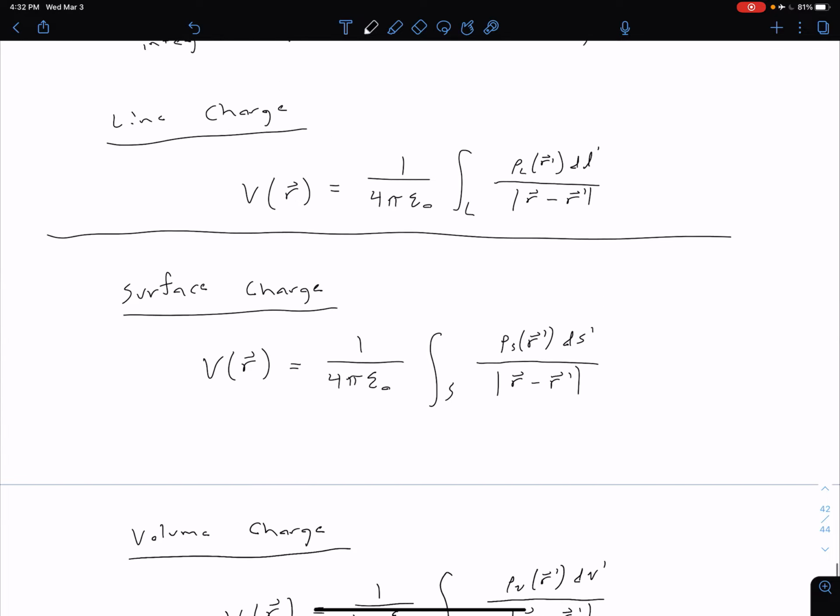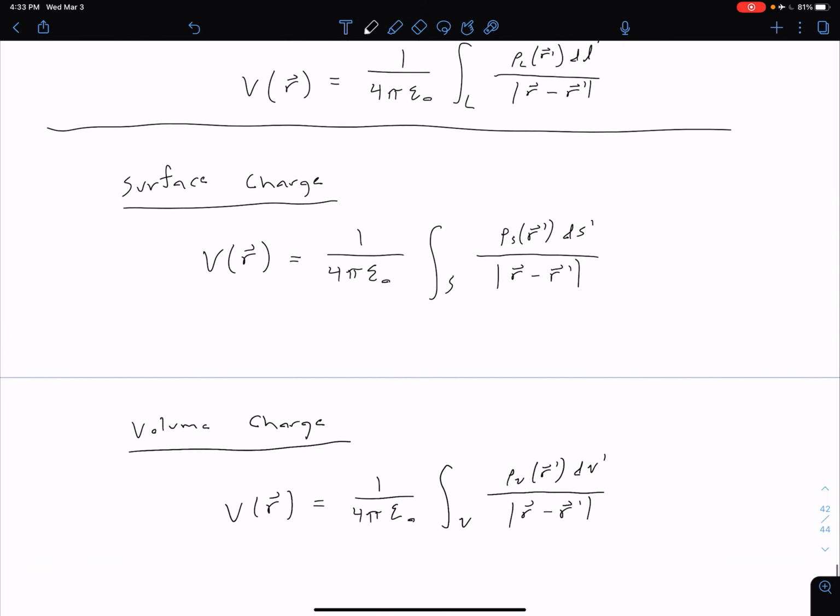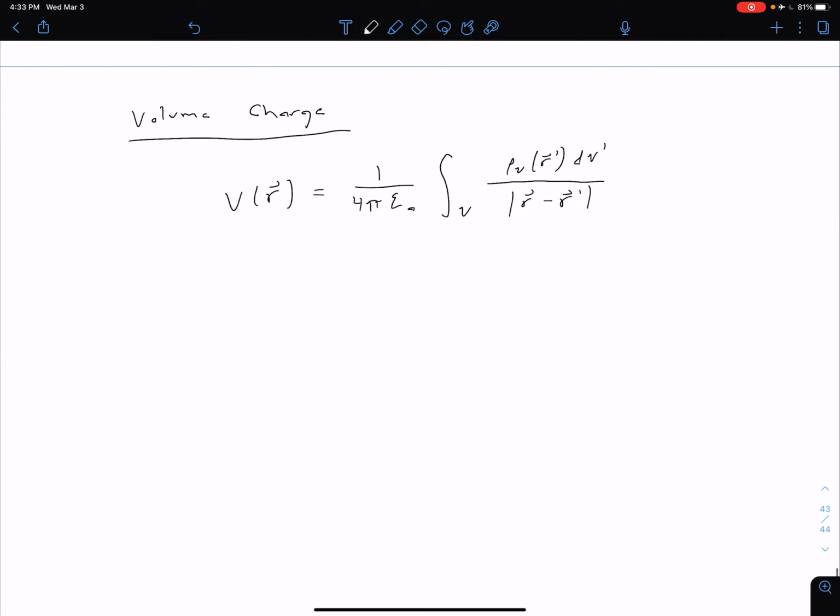So with all of these equations, so our multiple point charges, our line charge, our surface charge, and our volume charge, we're all arbitrarily using infinity as our zero potential reference. So let's just come down here and write that explicitly, so we can say all of these equations that we've written here in this video use infinity as the zero potential reference.